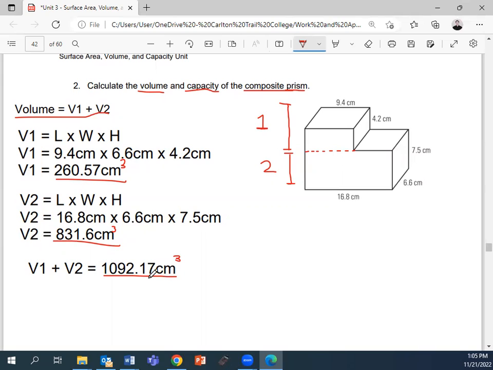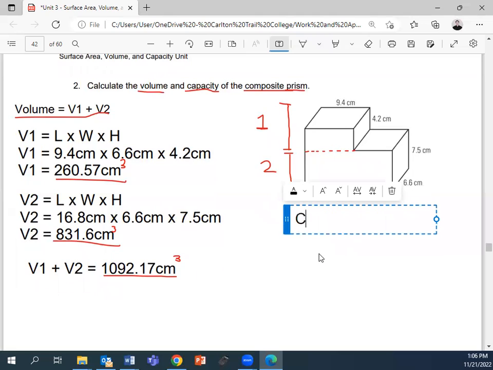How do I convert this again? Divide by 1,000, right? Because 1,000 centimeters cubed is the same thing as just 1 liter. So to figure out my capacity, I'm just going to do that right over here below this shape. Capacity, you might want to underline this as well. It keeps you organized, knowing this is volume. This is the second part of the question.